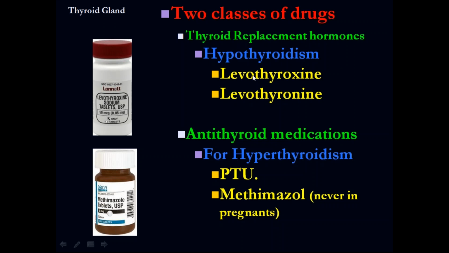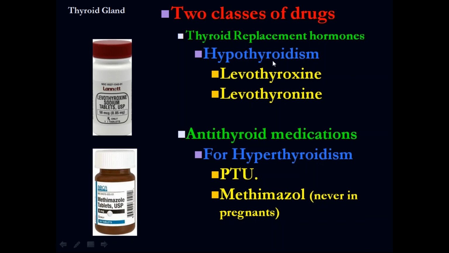It's similar to the thyroxine that we produce, but the difference is that levothyroxine lasts longer, so this medication can be taken once a day, every 24 hours.